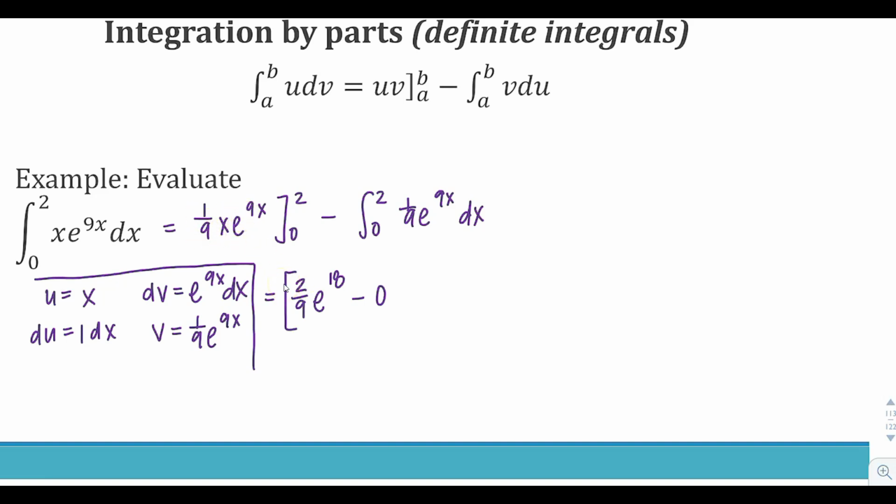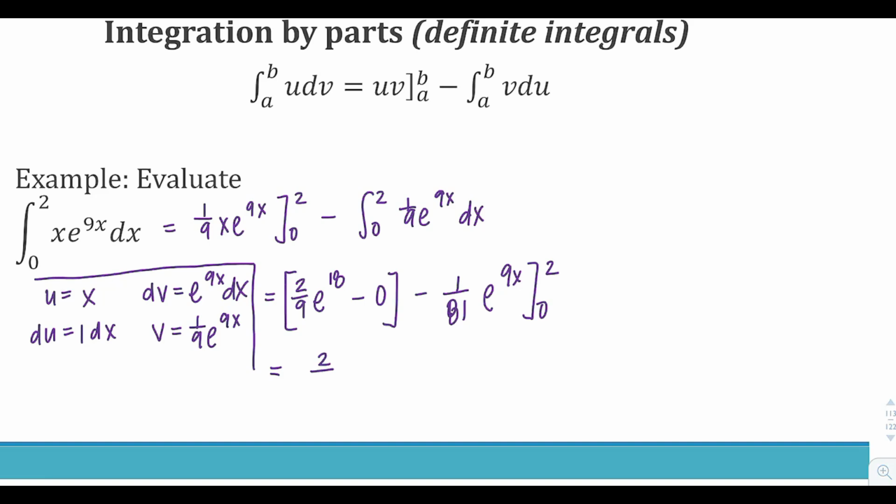So that's substituting in that first part, minus, and here we're going to apply the fundamental theorem of calculus. The antiderivative of this would be 1 over 81 e to the 9x evaluated from 0 to 2.